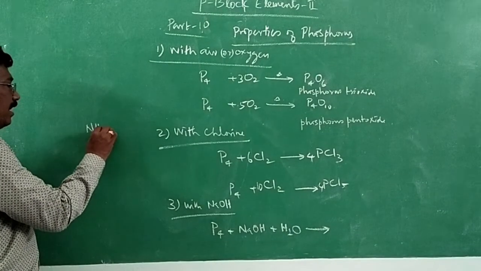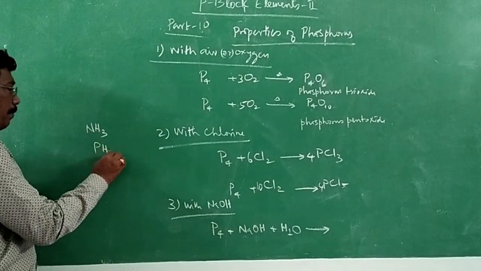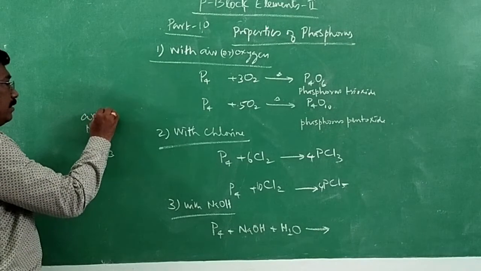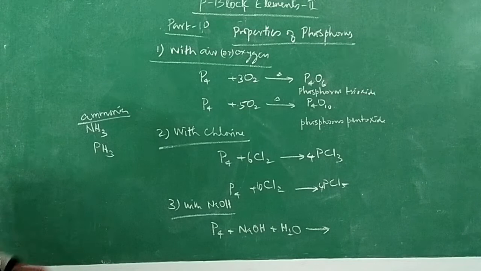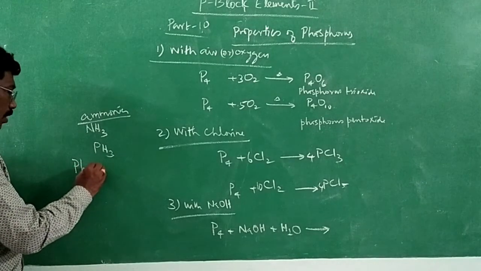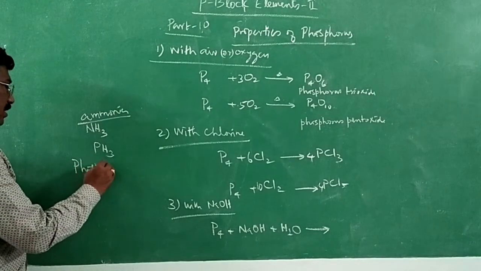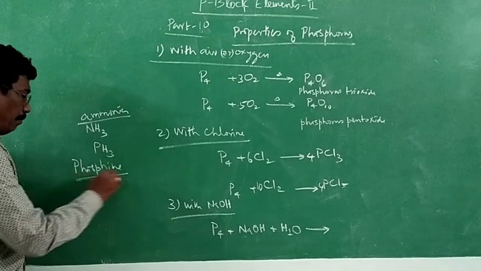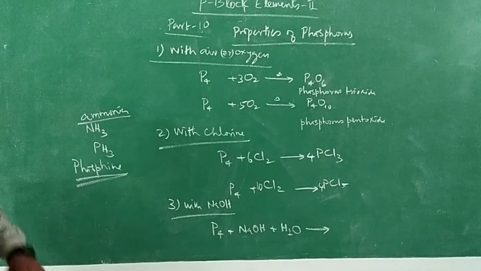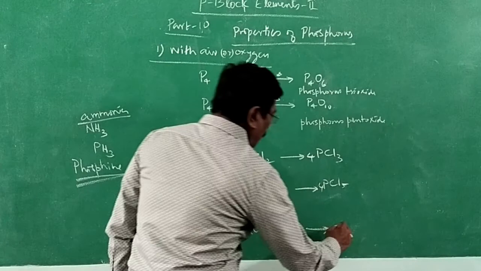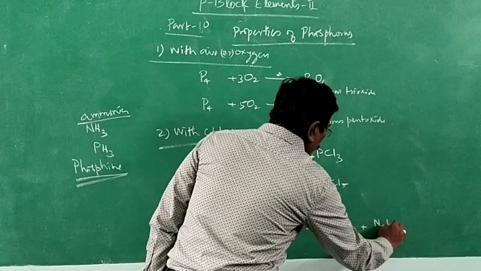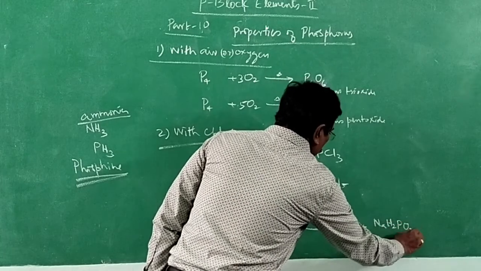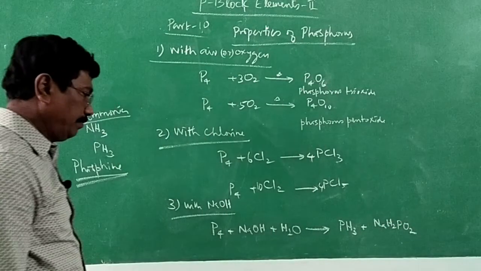Ammonia is NH3, phosphine is PH3. Ammonia, hydride of nitrogen, NH3. Hydride of phosphorus, phosphine, PH3. Phosphine will be formed here. Along with phosphine, we get sodium hypophosphite, NaH2PO2.